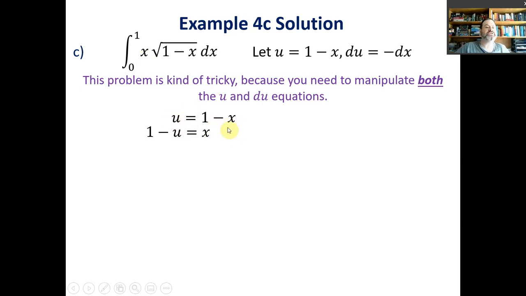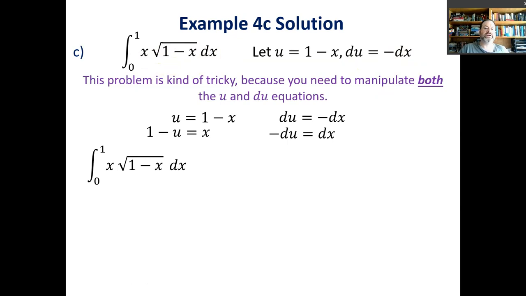I can just switch places with the u and the x. So now when I do the substitution, everywhere I see x, I'm just going to put 1 minus u. So now I have 1 minus u, square root of u, dx. I have negative dx, so I have to manipulate that as well. I'm going to replace that with negative du.